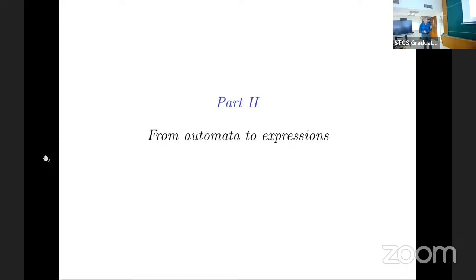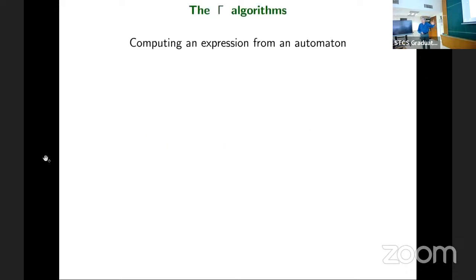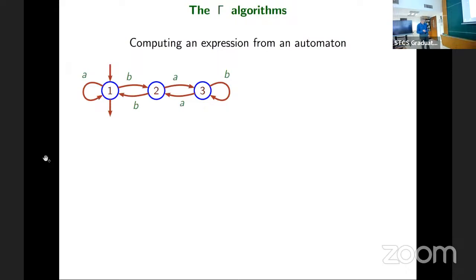But I just give a glimpse of it, and this will help me to give some definitions. But I don't want to really treat this subject. Okay, so this is an example of an automaton. This is an example which is in many books.